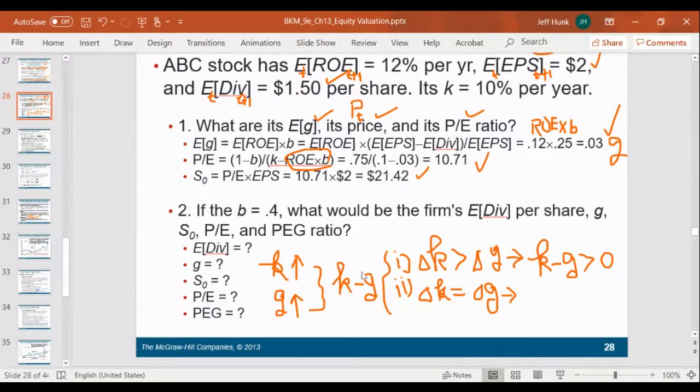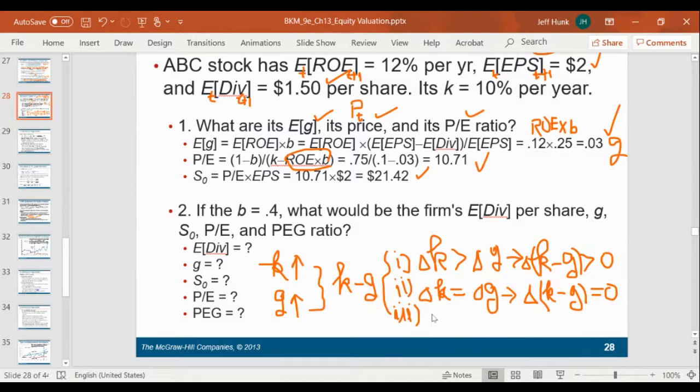It's not zero, it's the change in K minus G that is zero. And the third scenario is not something we should be concerned about.